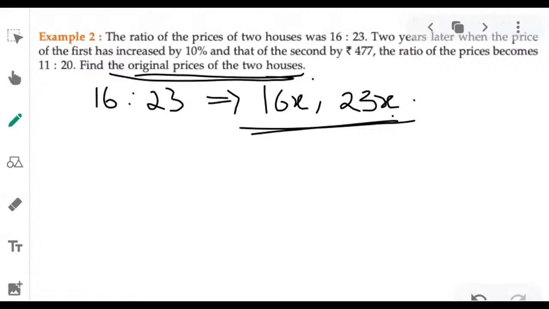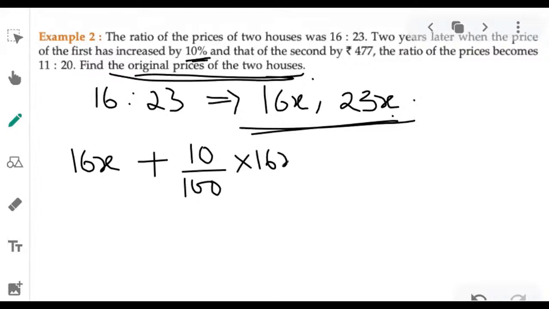So what happened after 2 years? Price of the first increased by 10%. What is 10% of the price of the first house? 16x. What is 10% of the price of the first house? 10 by 100 into 16x.